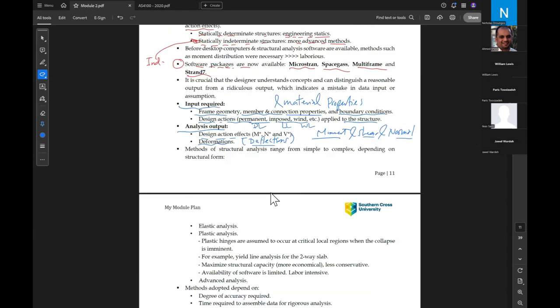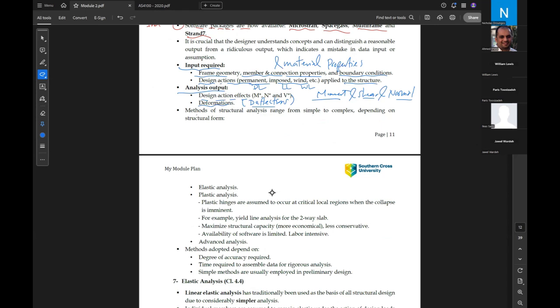Okay, the methods of structural analysis range between simple and complex, depending on the structure form. We might have elastic analysis. Again, this is in the elastic zone of the material, where if we have this sigma yield and this epsilon yield, the relation between sigma and epsilon is linear.